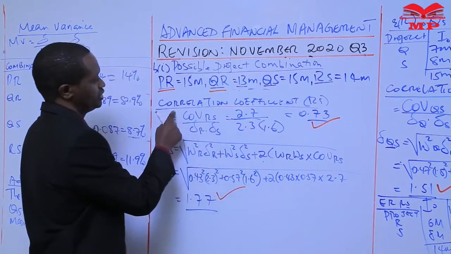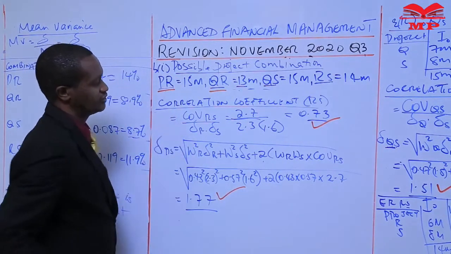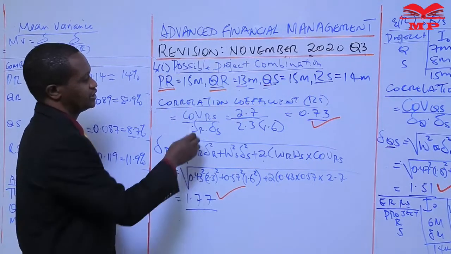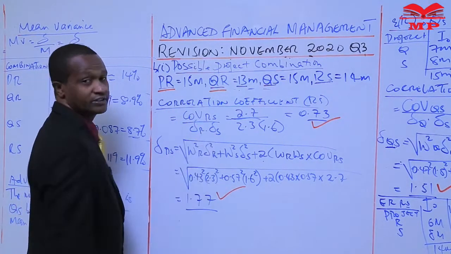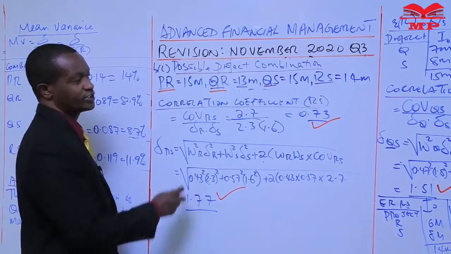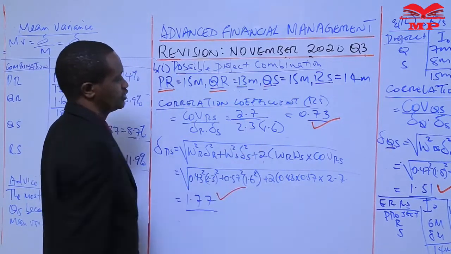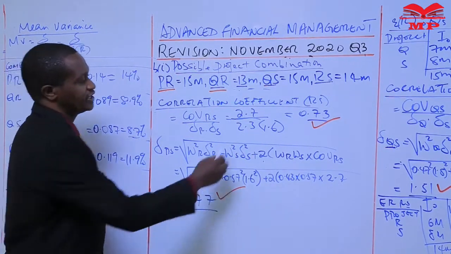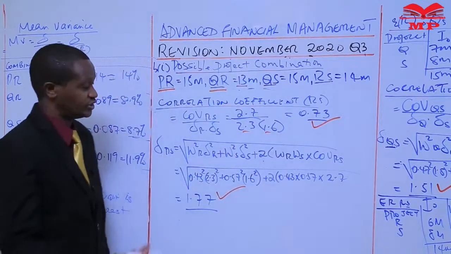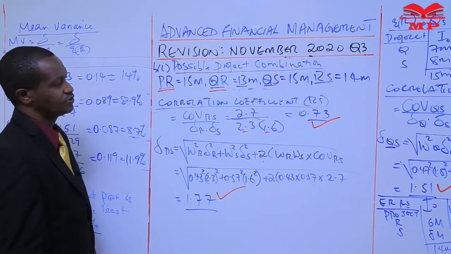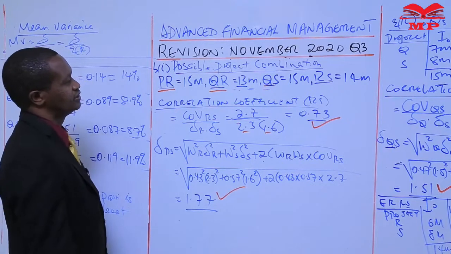Like candidates, you see correlation of coefficient is equal to the covariance of RS. The covariance of RS is given in the question. The standard deviation is also given in the question. That would earn you marks.